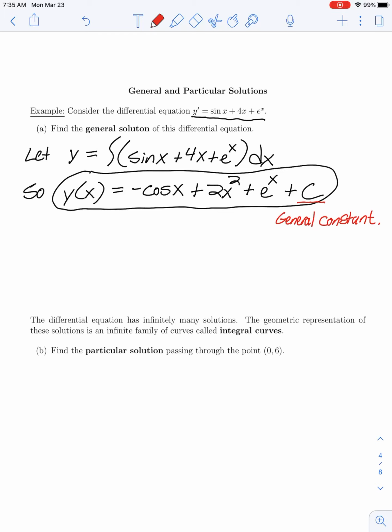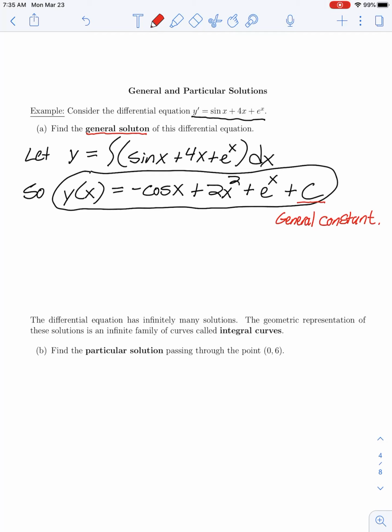This is the reason that we would call such a solution a general solution, because regardless of what the value of this constant c is, we could take it as 0, 1, -50, pi, and we would still have a solution no matter what I chose as that constant.